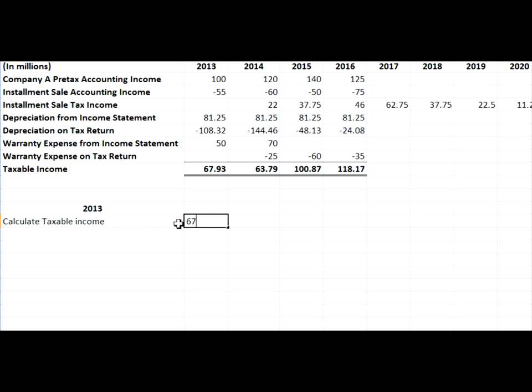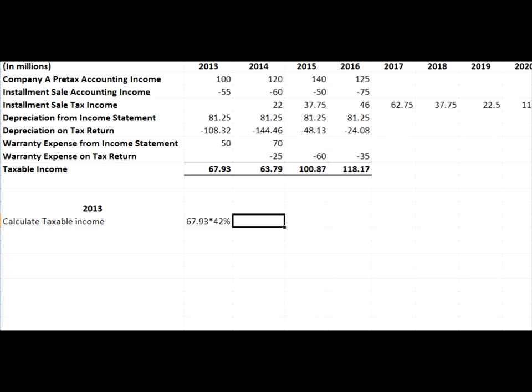So we're going to take 67.93 times the tax rate, which is 42%. So let me move this on a little bit, and I'll do the calculation over here. So it'll be 67.93 times 42%.